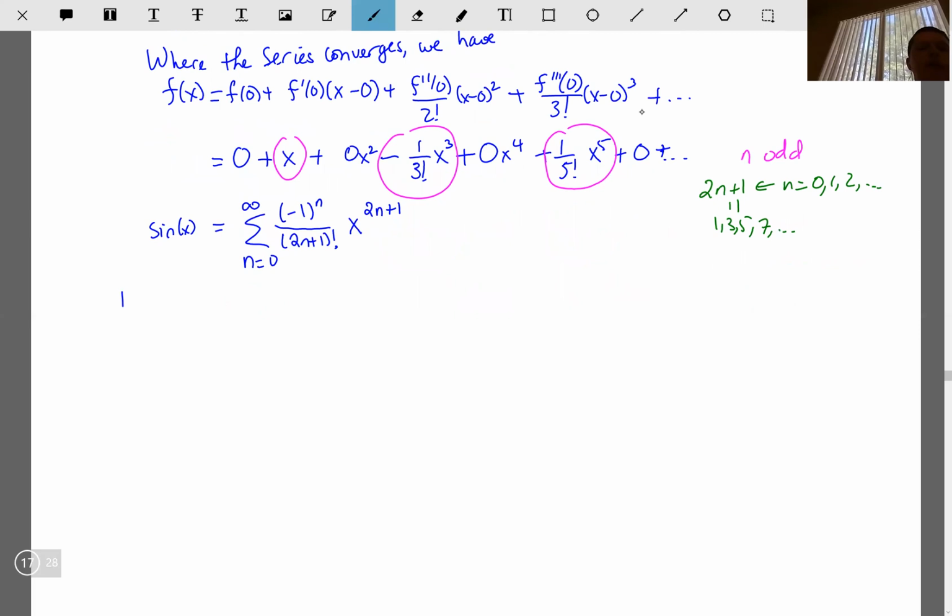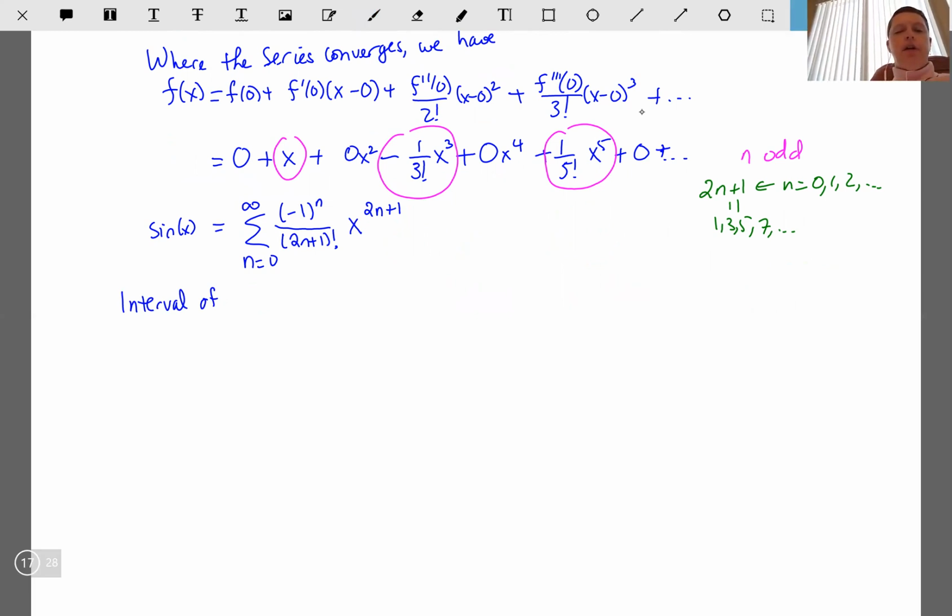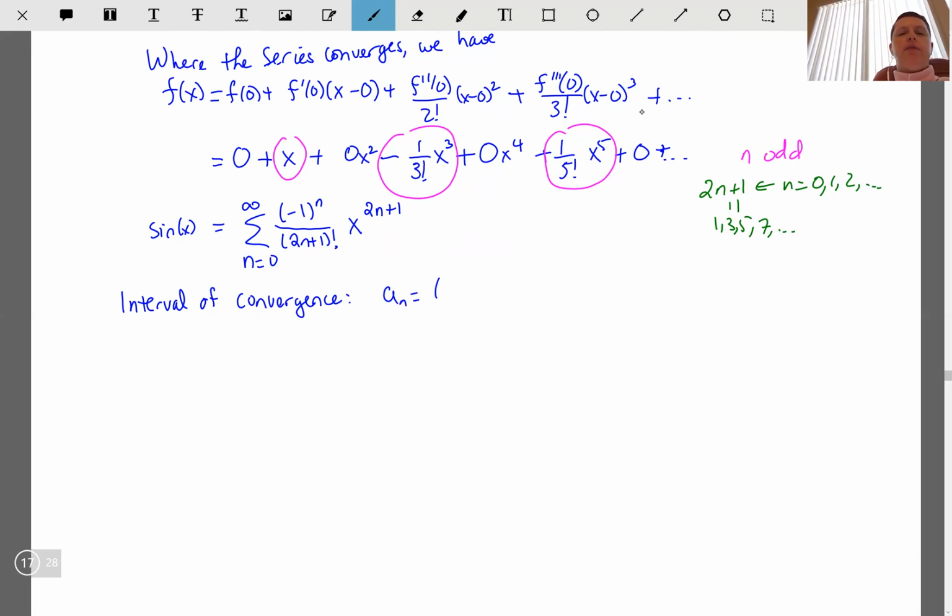Now let's find the interval of convergence. So the interval of convergence, again, use the ratio test. So the nth term is negative 1 to the n over 2n plus 1 factorial, x to the 2n plus 1.